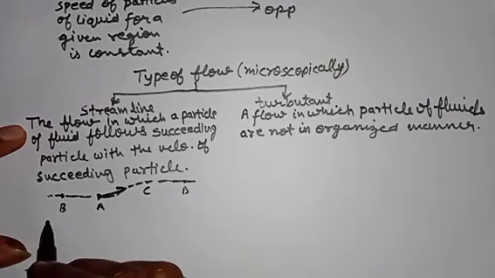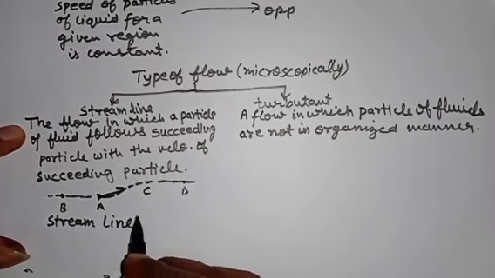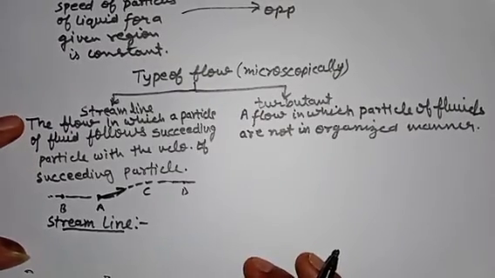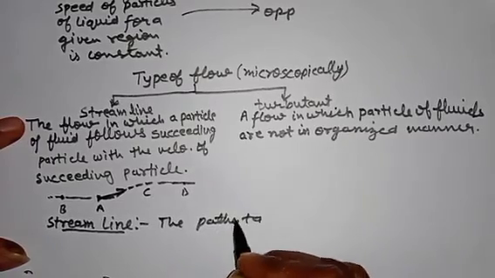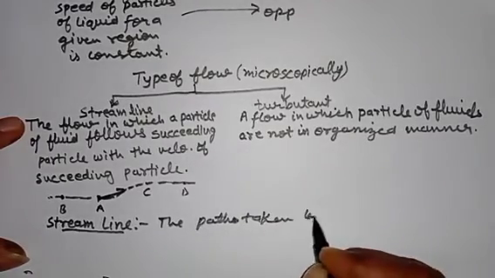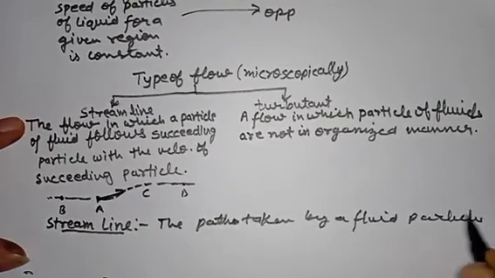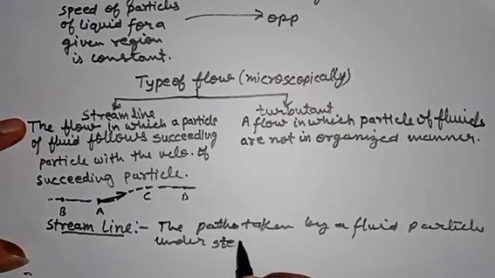So here it is essential to define a streamline. It resembles that magnetic field line type of concept. So the path taken by a fluid particle under steady flow is called a streamline.